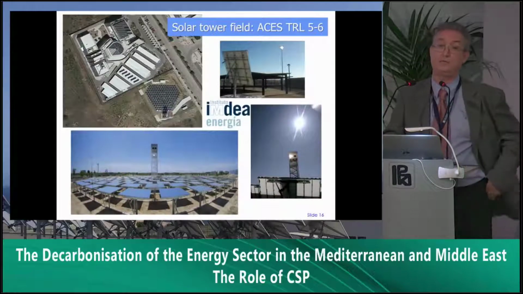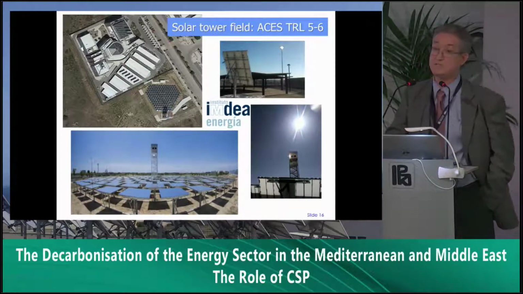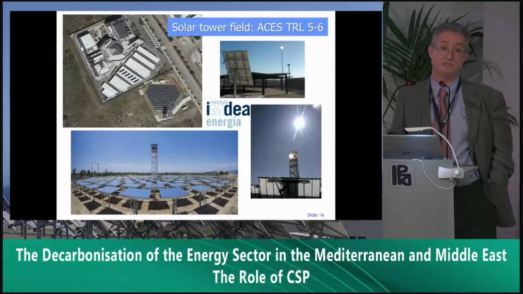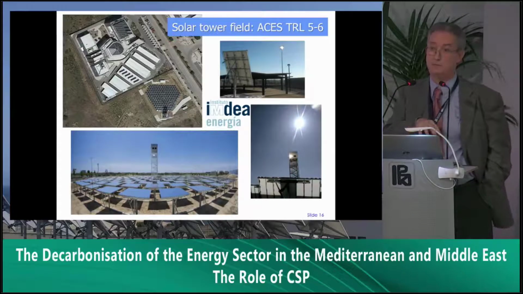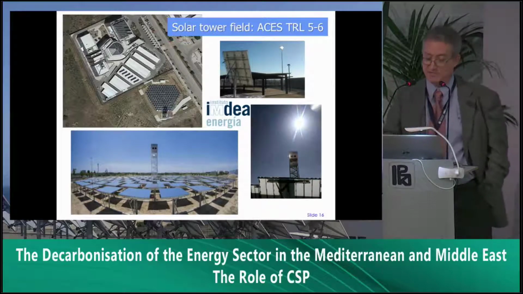And finally, you need the solar tower system, which is also a very special system. So I will try to summarize in my presentation, very quickly, my vision of the problems in the 3 steps.